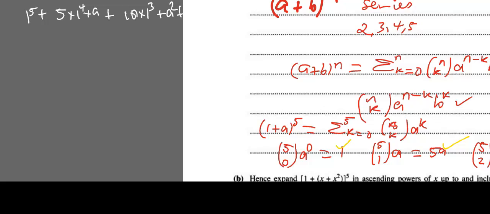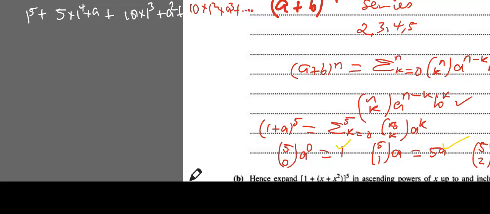Plus, now we have 10, multiply this by 1 squared, times x cubed. The power of x will increase. And this can continue because we were to go up to x cubed.